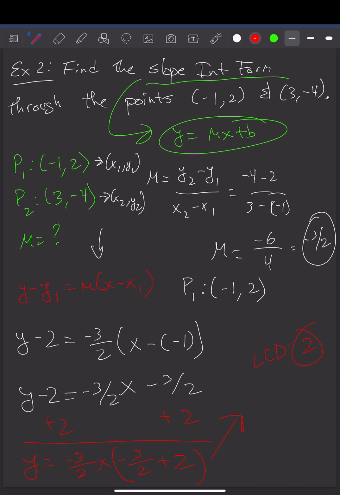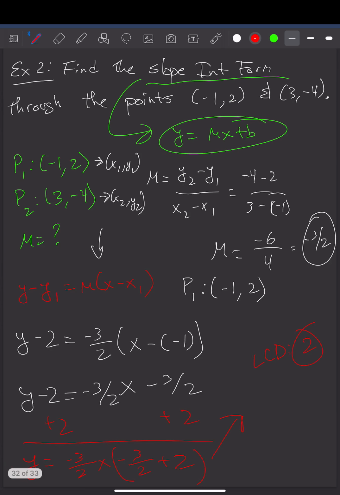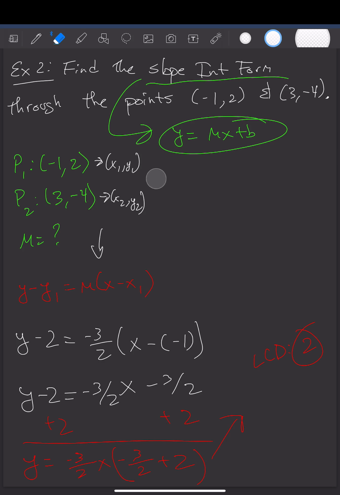So we're going to have, on the next slide, oh, it's already on the other one. But here, let me make some space so you guys can see what I'm talking about. So we know that the LCD in this case is 2.